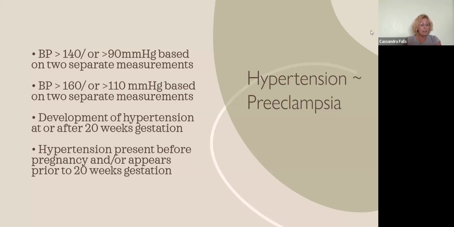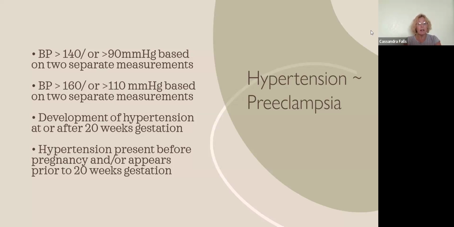So hemolysis is hemolysis of red blood cells. Okay, elevated liver enzymes. So your liver enzymes are going to go up, and your platelets are going to go down. Okay, so HELLP is hemolysis, elevated liver enzymes, and low platelets.